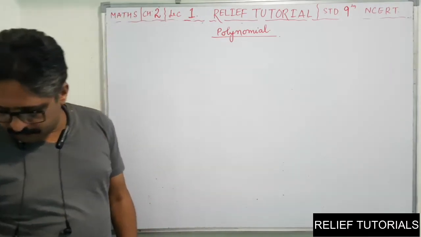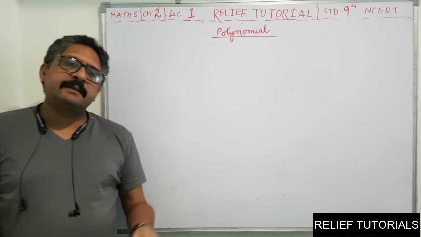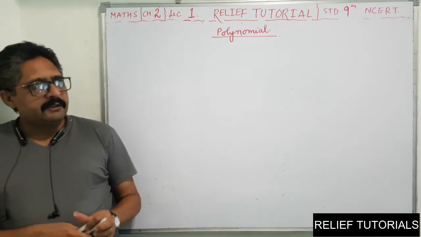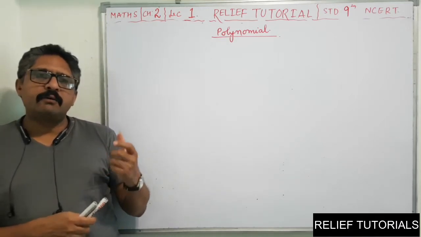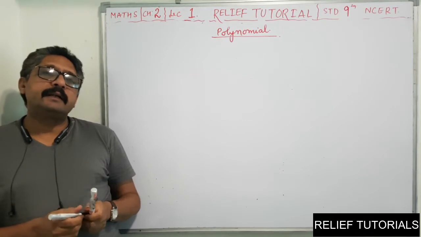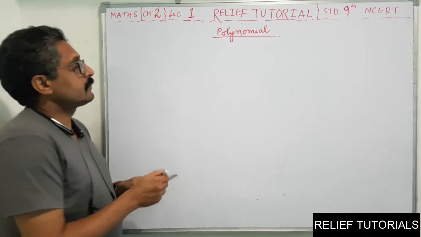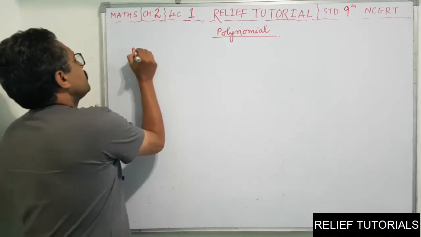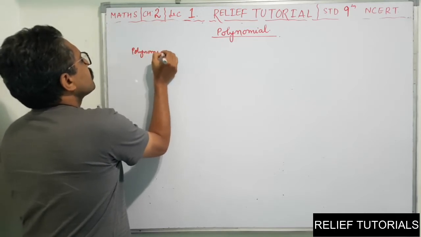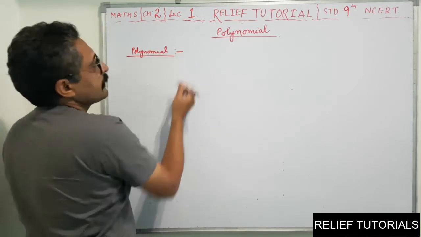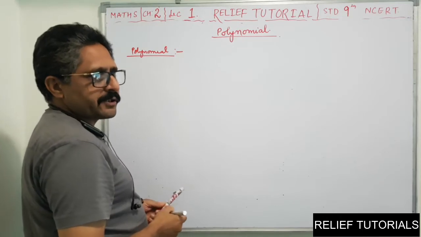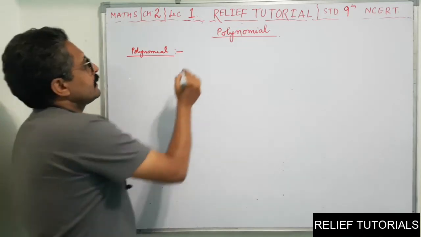A polynomial is an algebraic expression in which the variables involved have non-negative integral power. So first you should know what a polynomial is.